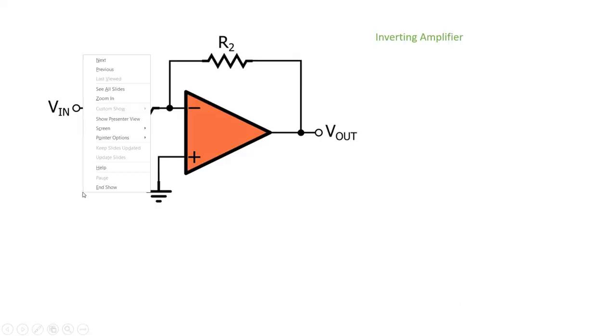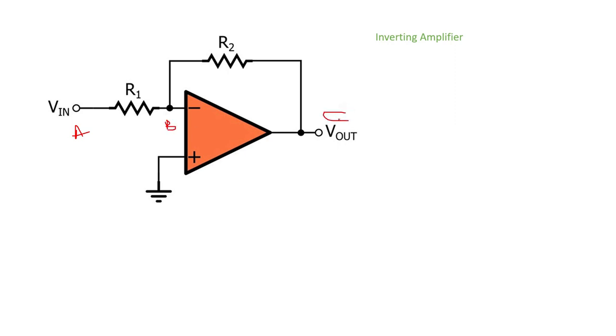As you can see here, in the inverting configuration, consider this point A, this is point B, and this is point C. As you all know, we are assuming the op amp is ideal. Whenever we consider the op amp as ideal, it offers infinite gain.